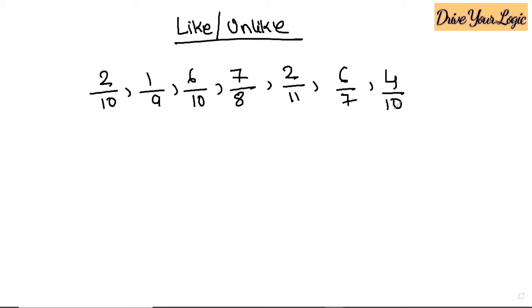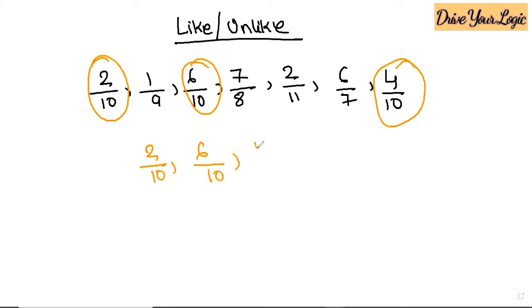Out of these, those which have a common denominator are called like fractions and the rest of them will be called unlike fractions. So here, can you see, this one has denominator 10, this one has denominator 10, and this one has denominator 10. So all these fractions, 2 by 10, 6 by 10, 4 by 10, are called like, and the rest, 1 by 9, 7 by 8, 2 by 11, 6 by 7, are called unlike fractions.